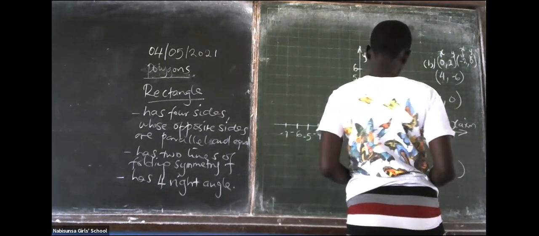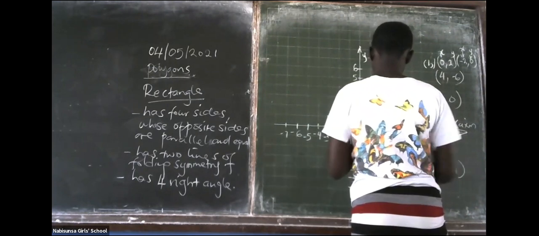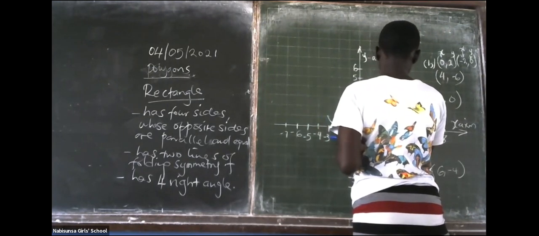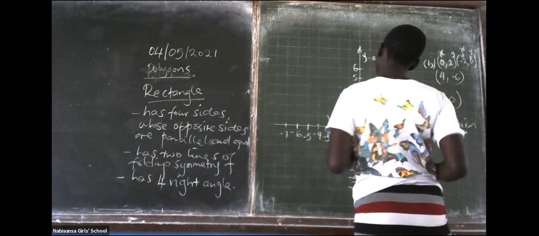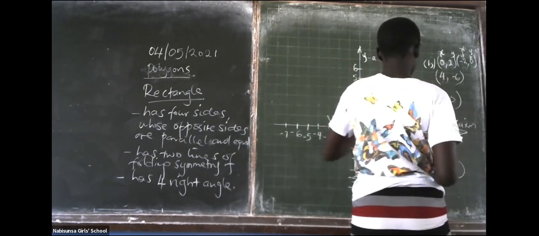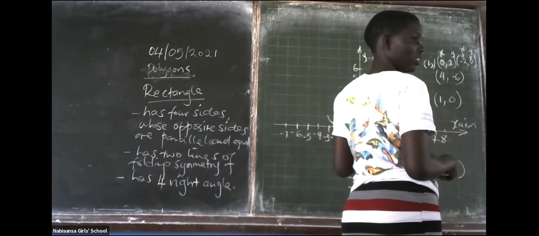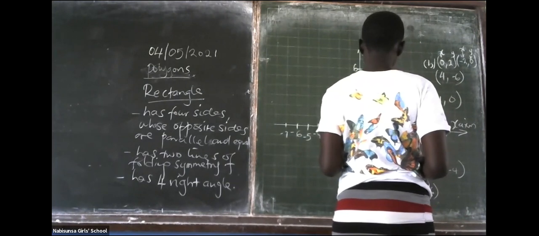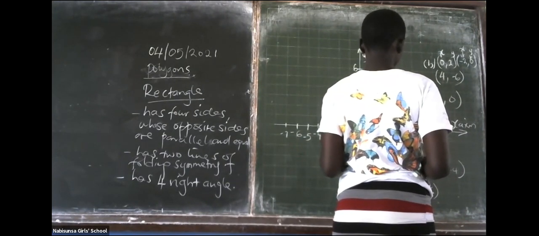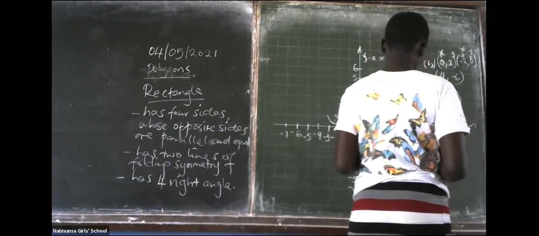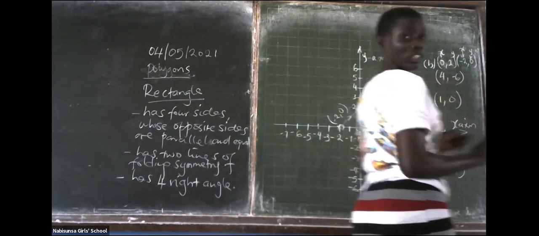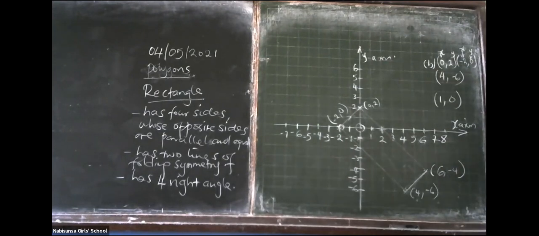Can you give the coordinates of this point? Yes, they intersect at the origin and the coordinates of the origin are 0, 0. If the X coordinate and Y coordinate are 0, then you plot it at the origin. But now 1, 0: 1 is the X coordinate and 0 is the Y coordinate. Can you plot it?